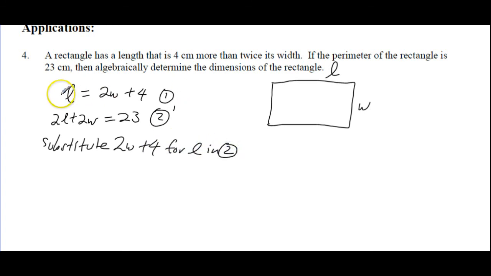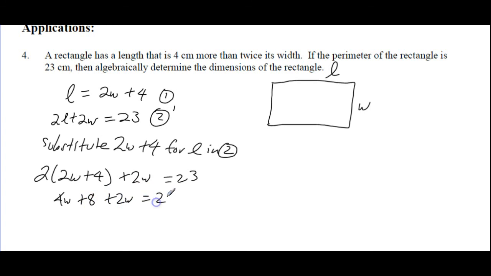Because this is already in a perfect substitution. 2 times 2W plus 4, right? Because that's L. Wherever we see L, we can write 2W plus 4. Plus 2W equals 23. So we're going to solve for W. 4W plus 8 plus 2W equals 23.